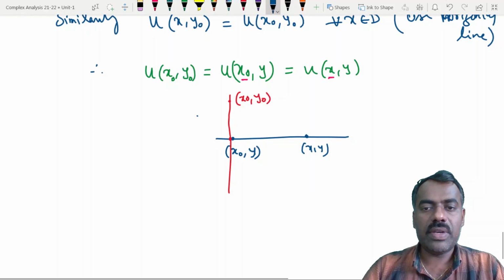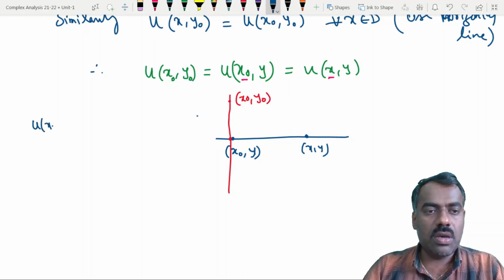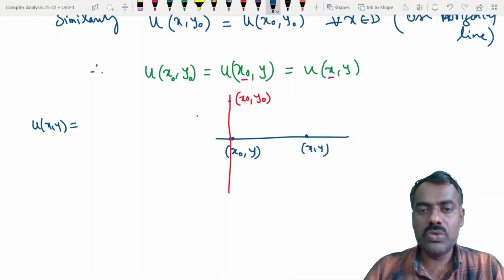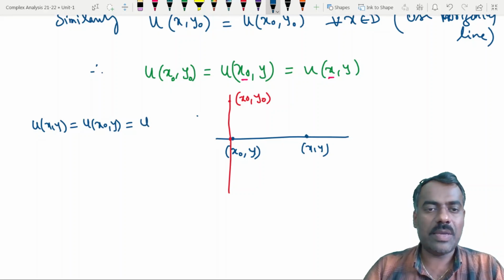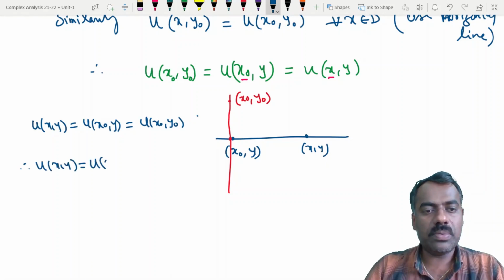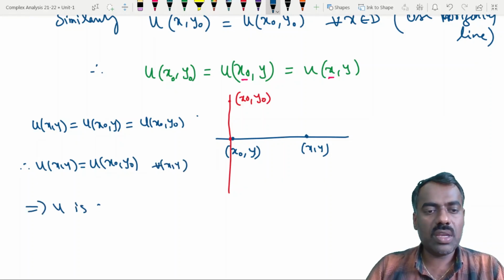Then, whatever we have discussed, u of (x, y), because u is constant on this horizontal line, is the same as u of (x₀, y), and again it is constant on the vertical line, so this is the same as u of (x₀, y₀). Therefore u of (x, y) is u of (x₀, y₀) for all (x, y). This implies u is constant.